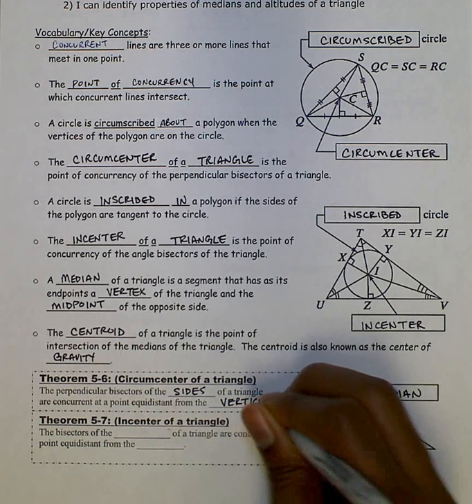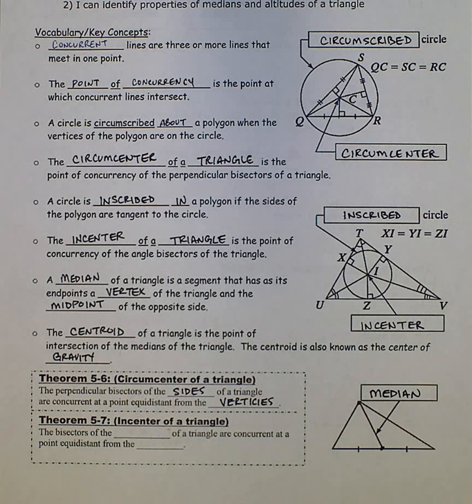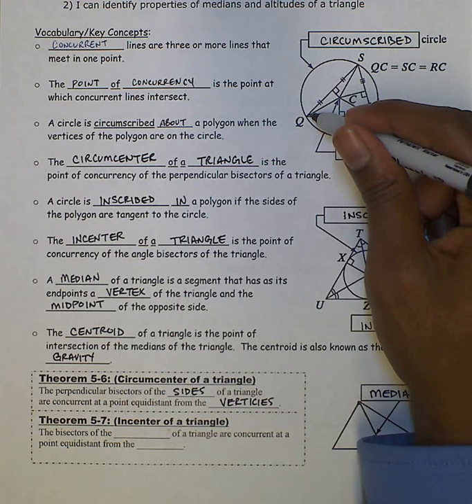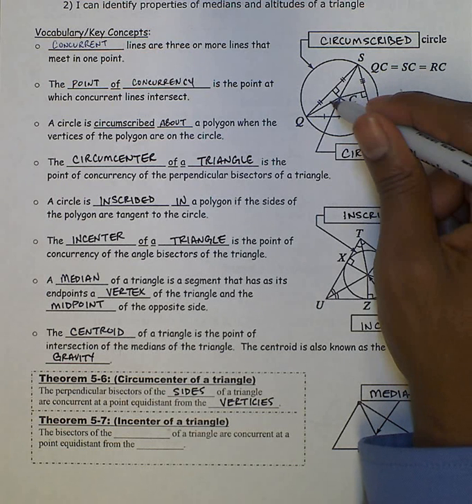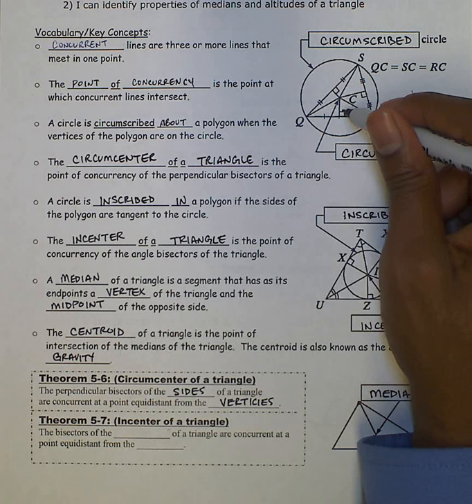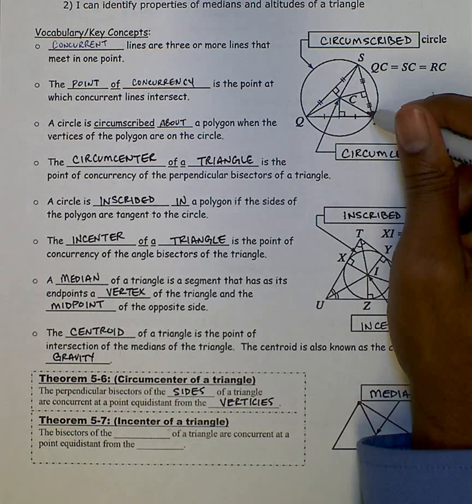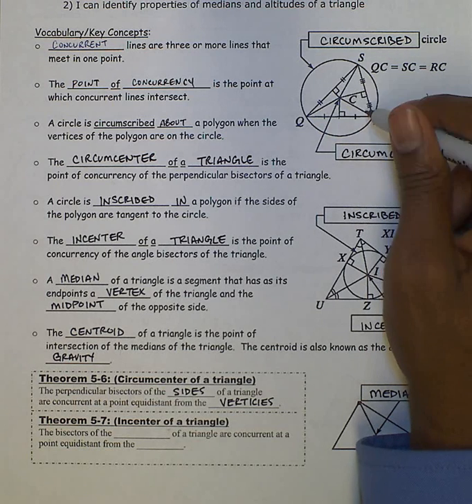Remember, this goes along with our perpendicular bisector theorem: any point on a perpendicular bisector is equidistant from the endpoints of it. And so if we look at our circumcenter C, it would be equidistant from S and Q, right? Because it's on the perpendicular bisector. Same here. C is on the perpendicular bisector of QR, so it's equidistant from Q and R. So C has to be equidistant from S, Q, and R. Okay?